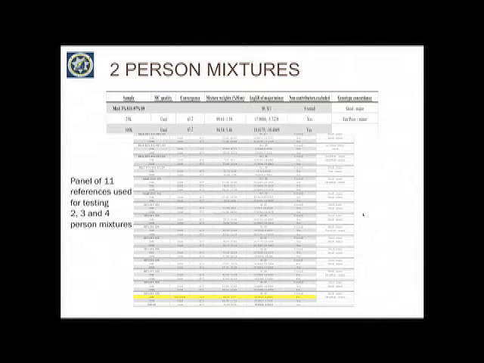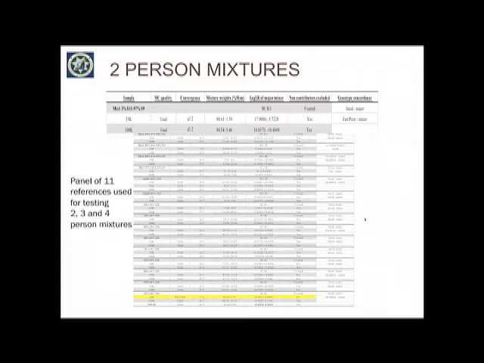The mixture weights we wanted to assess between runs because they should be reasonably consistent. The log likelihood ratios, also we want those to be within 2 log units for reproducibility. And then we assess whether the non-contributors were excluded and the genotype concordance.